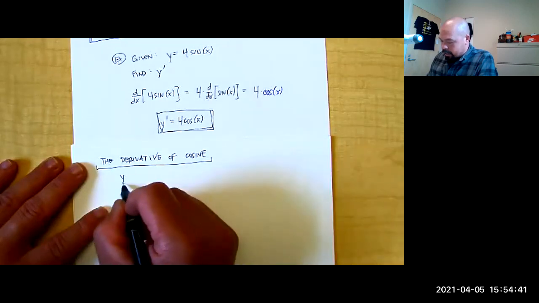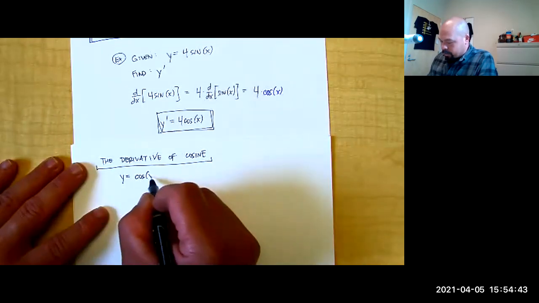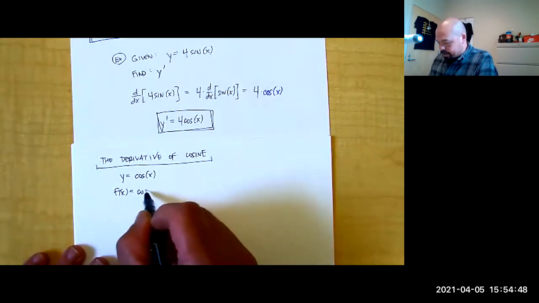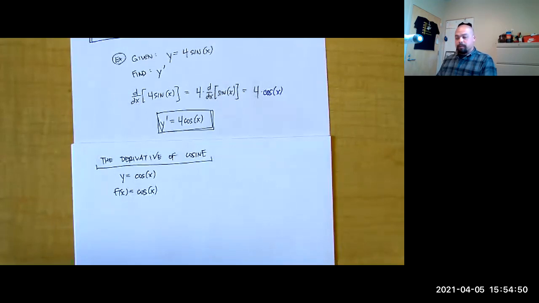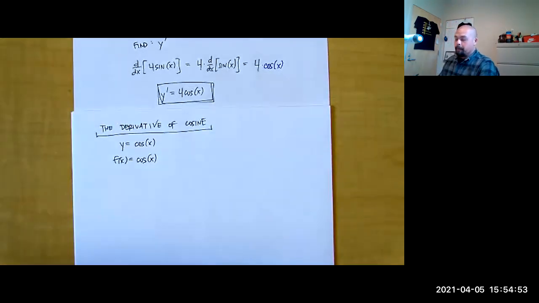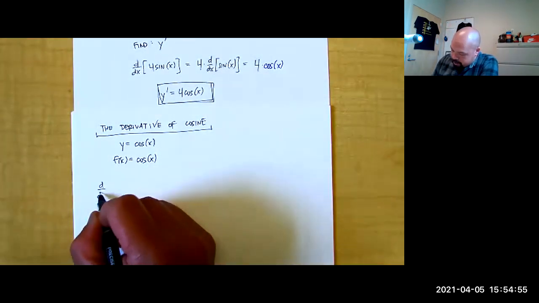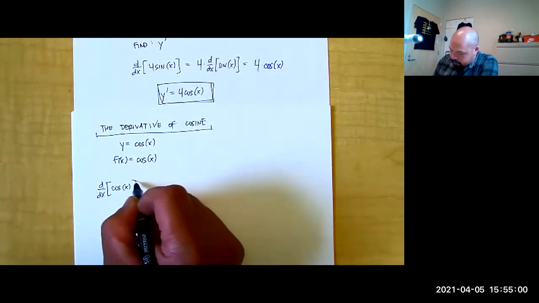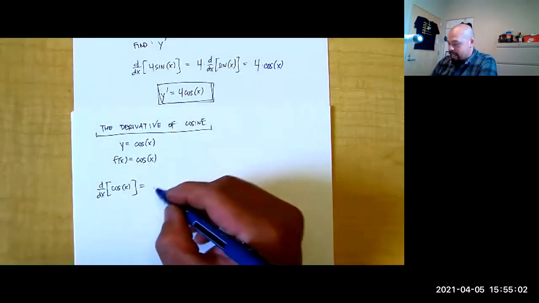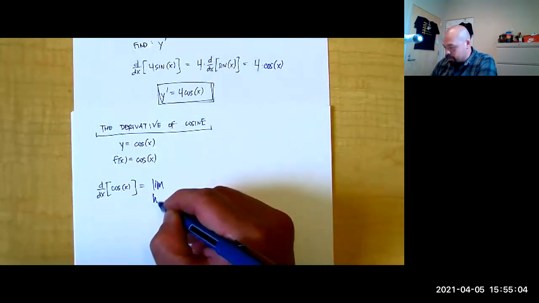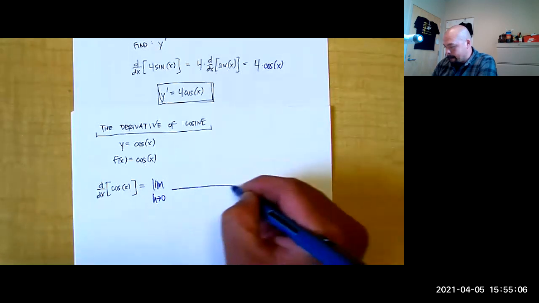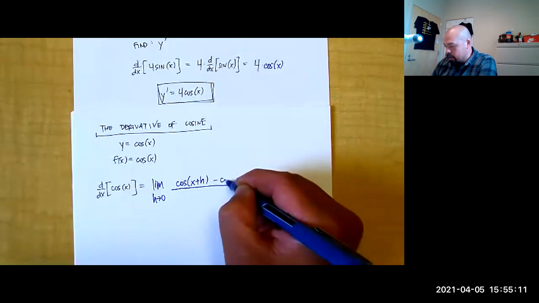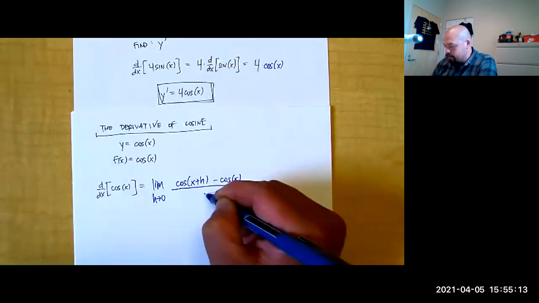So we have y is equal to the cosine of x, or f of x is the cosine of x, with or without those parentheses around the x. When I take that derivative of the cosine of x, moving into that limit definition, going through this one time we get our rule that we can apply over and over again.